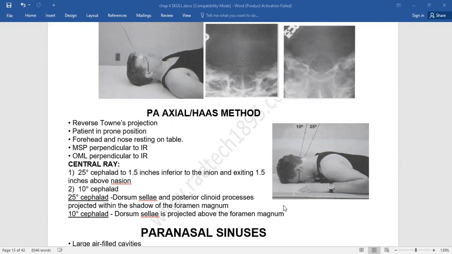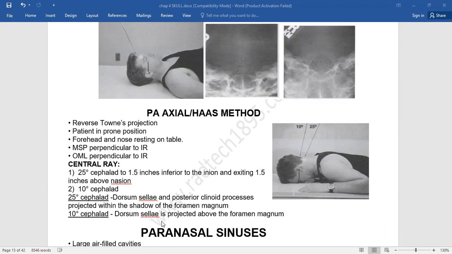It will enter 1.5 inches inferior sa baba ng inion, which will exit 1.5 above the nasion. Pag 10 degrees naman cephalad, makikita natin yung dorsum sellae above the foramen magnum. Pag 25 degrees cephalad, dorsum sellae and posterior clinoid processes is projected within the shadow of the foramen magnum.